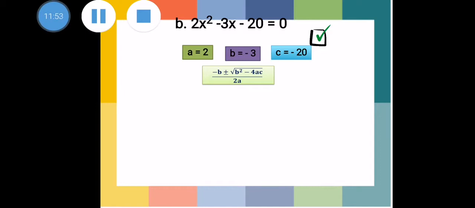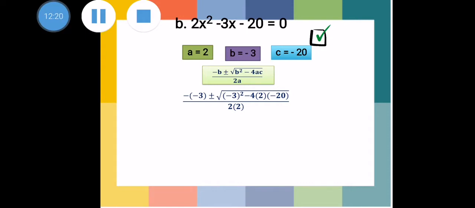So, since opposite po yung sign ng B na negative, yan po ay laging nasa labas. So, negative times ang value ni B is negative 3, kaya nasa loob po siya ng parenthesis. Plus minus, so, substitute lang po natin ang discriminant. Negative 3 squared minus 4 times the value of A na 2 and the value of C na negative 20.